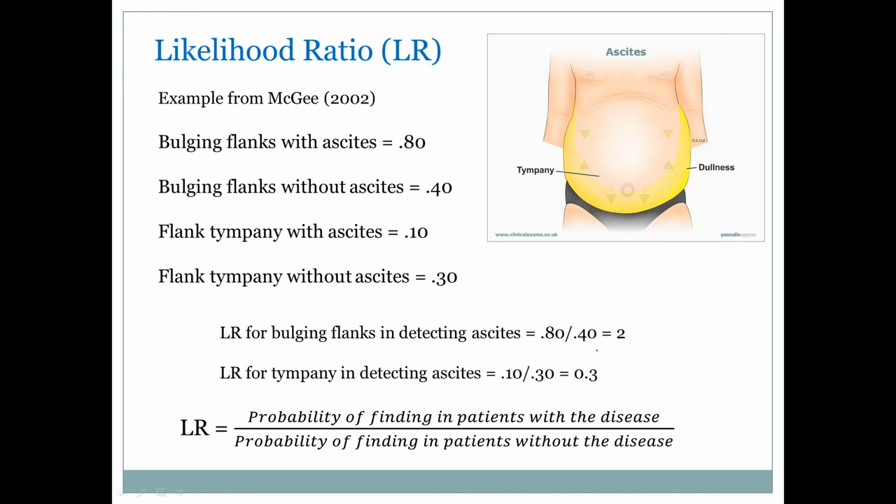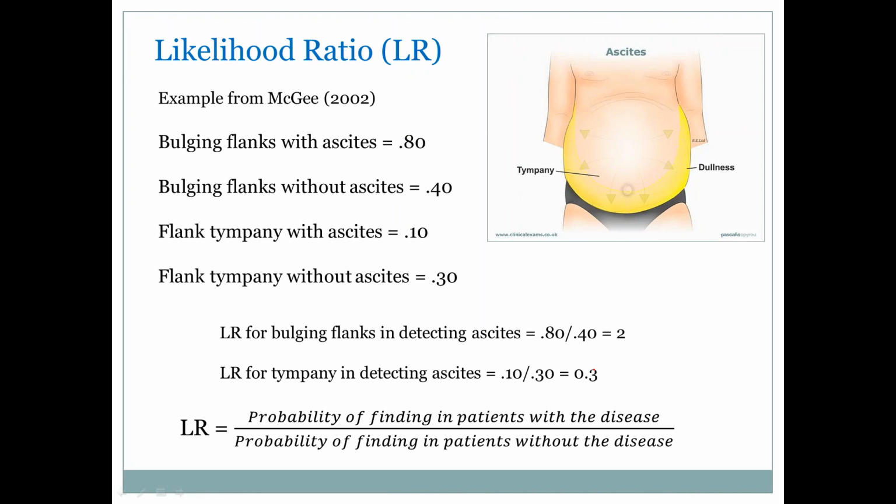But it's not as good of a measure for detecting it. It seems like bulging flanks would be much more informative. However, we're going to get a likelihood ratio for that. So we take the 10% of the patients that have it with the tympany, and 30% with distension from other causes. So these are our 2 likelihood ratios.